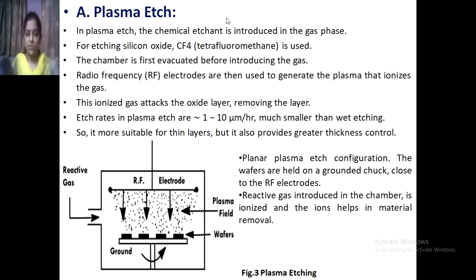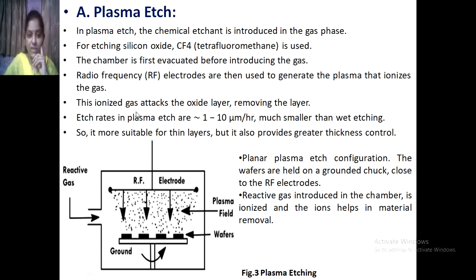Radio frequency electrodes are then used to generate the plasma that ionizes the gas. See here, radio frequency electrodes are used. So first the chamber is evacuated, then the gas is introduced.